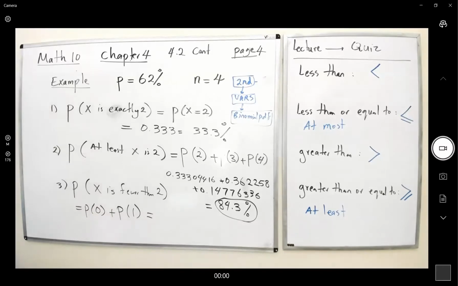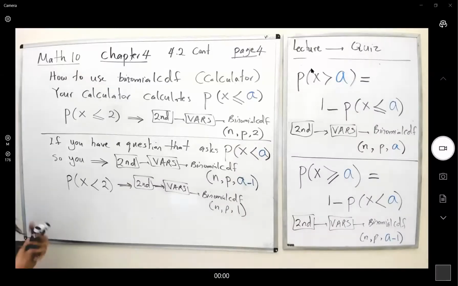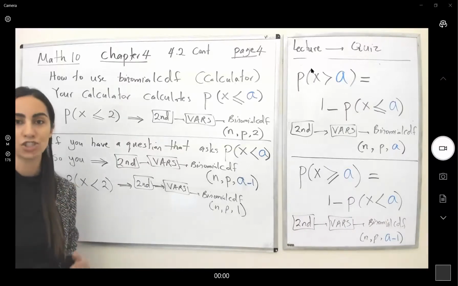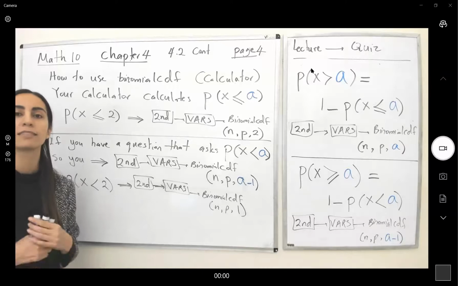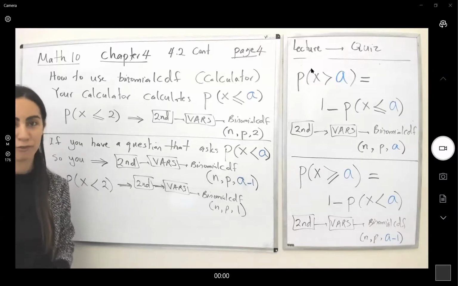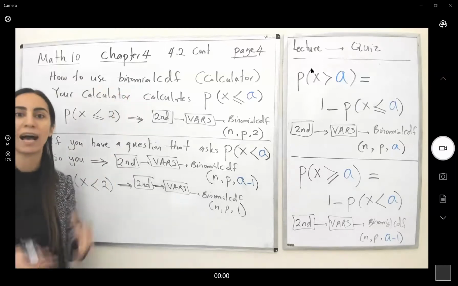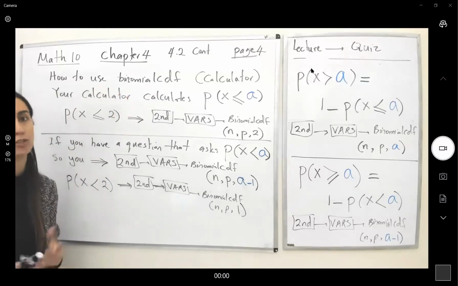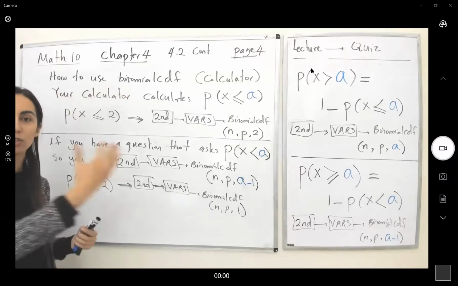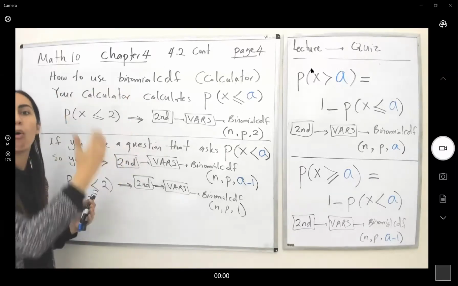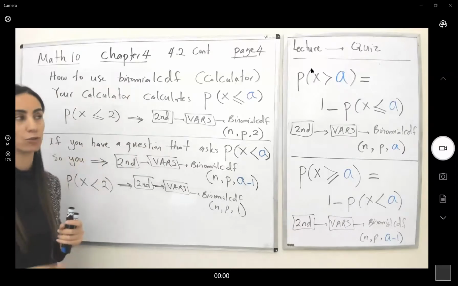Okay, so now we're going to use a new function, binomial CDF. How do we use that? Your calculator actually has that function and you can use it. It actually calculates the probability less than or equal to a value.